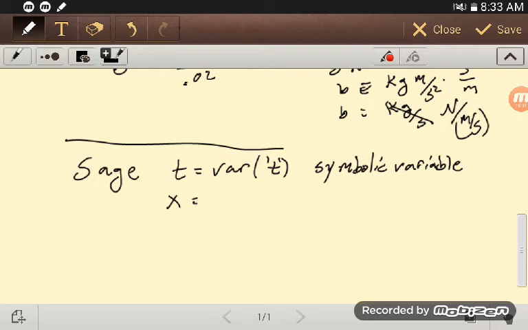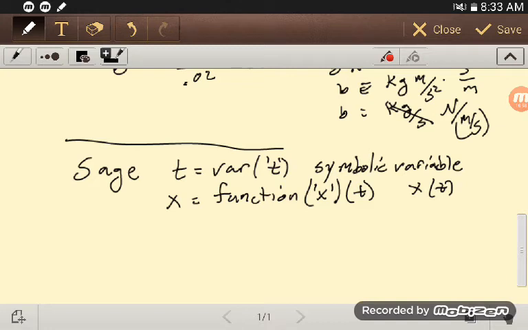Then you have X, which says we want to call it a function of T. We want f of T, or sorry, X of T. And so that's why they say, okay, we're going to make this a function. So there's X of T. So really they're just saying, I want that function X of T.